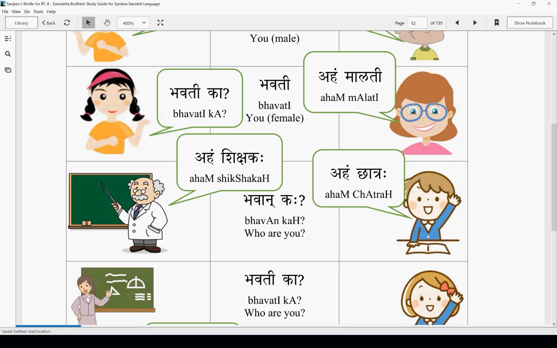Just so that you know, one of my objectives, or you can say mission, is to bring Sanskrit as a Sanskrit language.